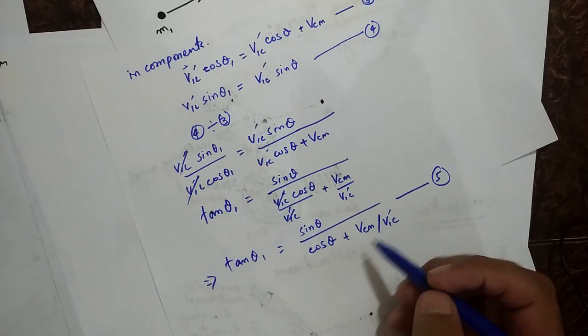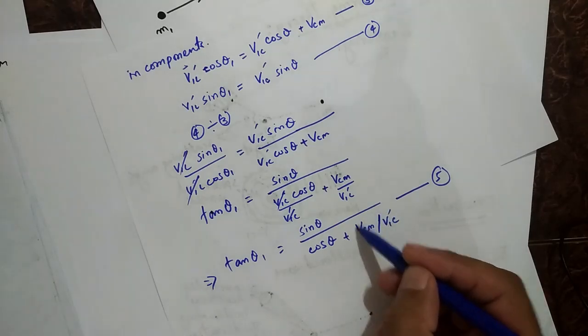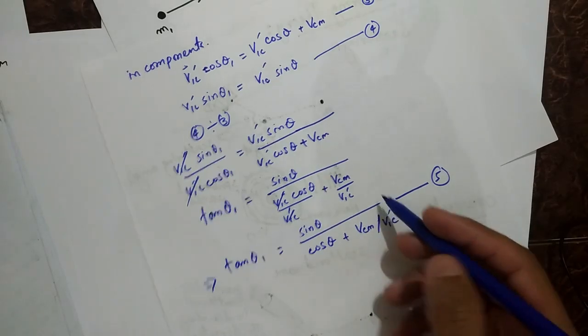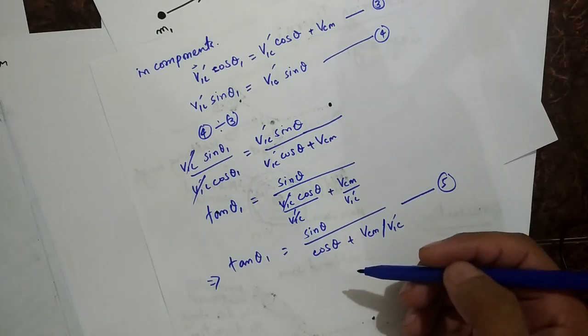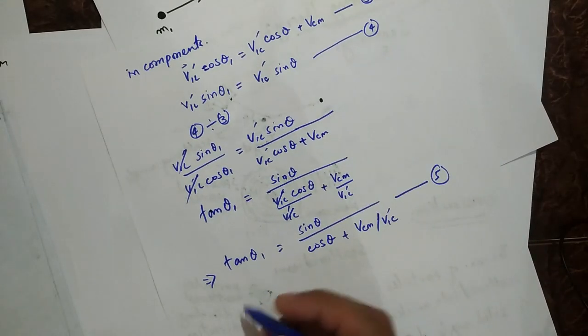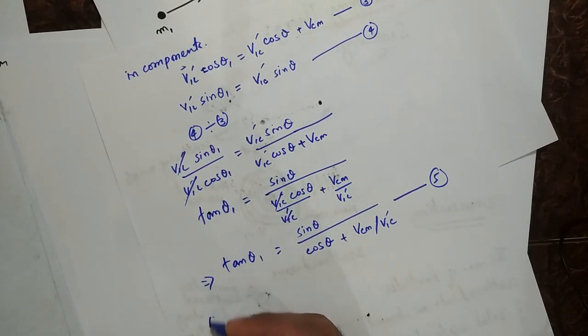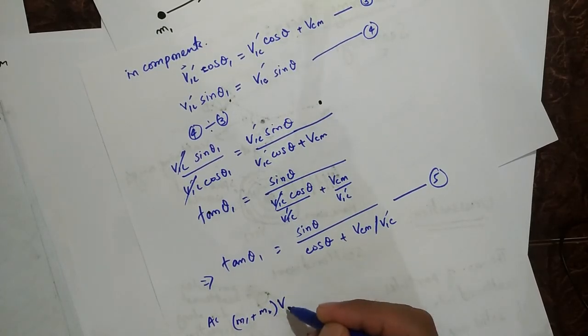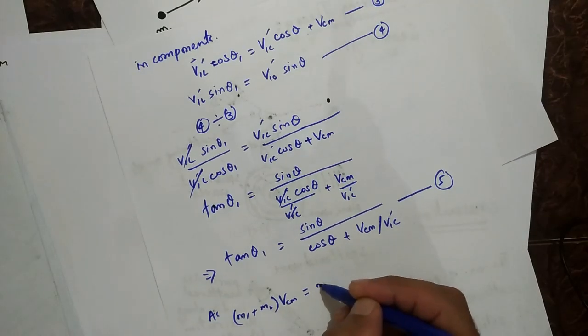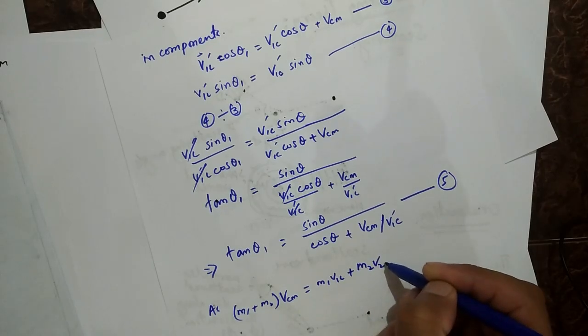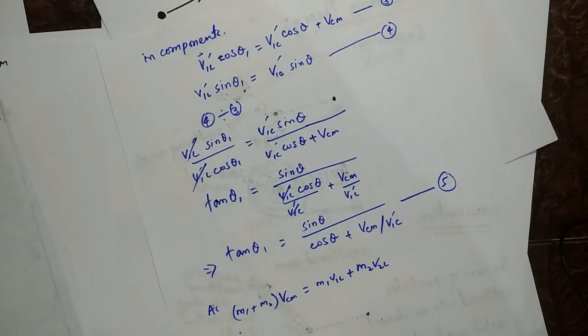Now to calculate vcm upon v1 dash c, let M as m1 plus m2. vcm is equal to (m1 v1L plus m2 v2L) divided by M, because in elastic collision the net momentum of the system remains conserved.